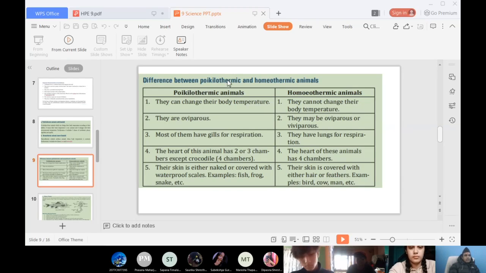And what is given here? Examples of poikilothermic animals are fish, frog, snake, and examples of homothermic animals are bird, cow, man, etc. That is the difference between poikilothermic and homothermic animals.